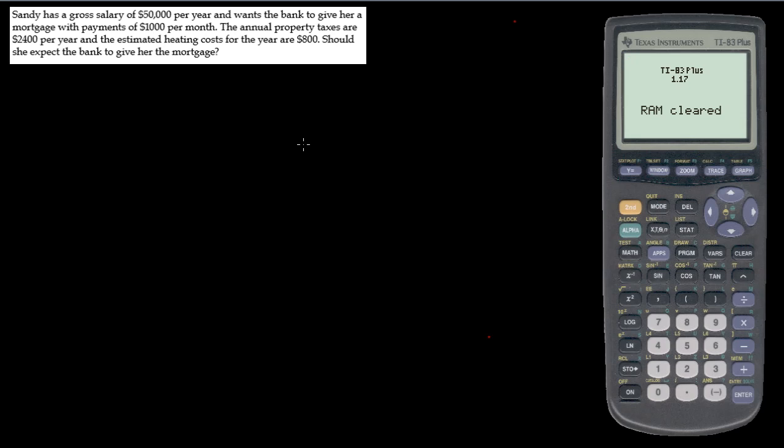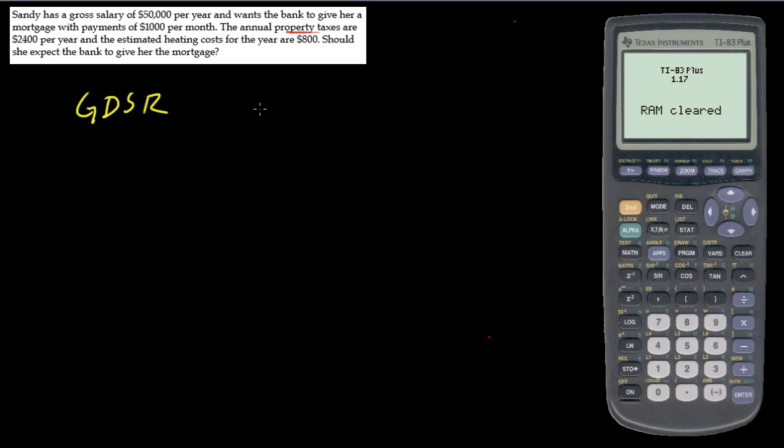There are certain clues in the question that want you to key into the fact that this is a GDSR question, a gross debt service ratio question. We're talking about heating costs, mortgage payments, and property taxes.